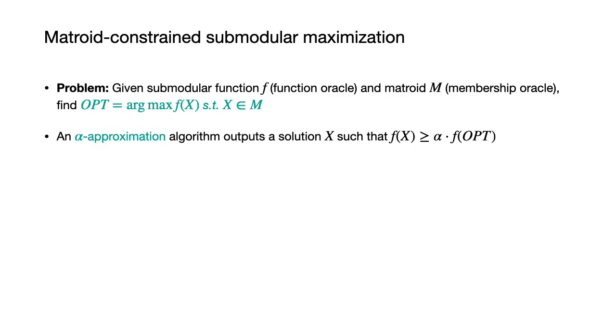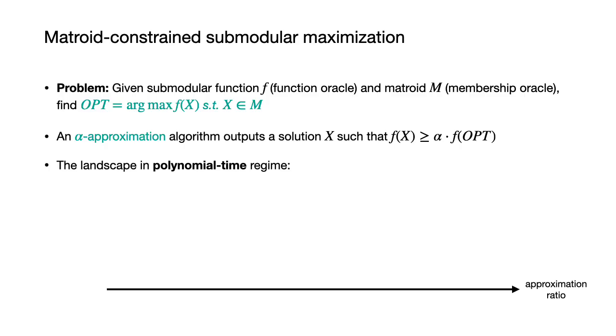An alpha approximation algorithm always outputs a solution set such that its value is at least alpha times the optimal value. The landscape of this problem in polynomial time region is as follows.